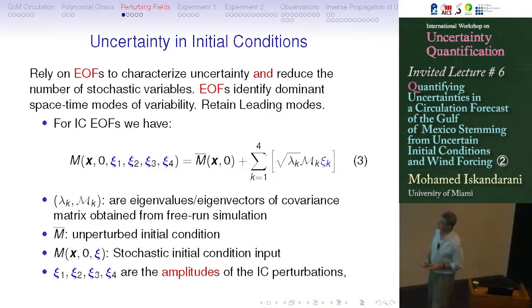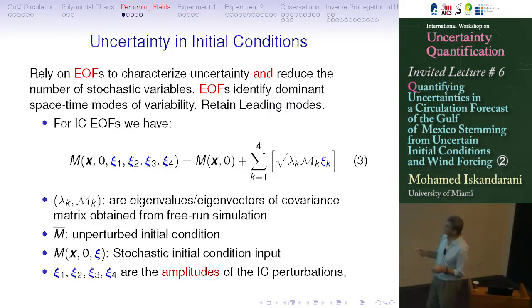And the way we're going to do it is we're going to focus essentially on a 14-day time period prior to the start of the forecast. In these 14 days, the biggest thing moving in the Gulf of Mexico is the loop current. So our EOF modes are going to be related to the variability of the loop current, our primary target. Okay?